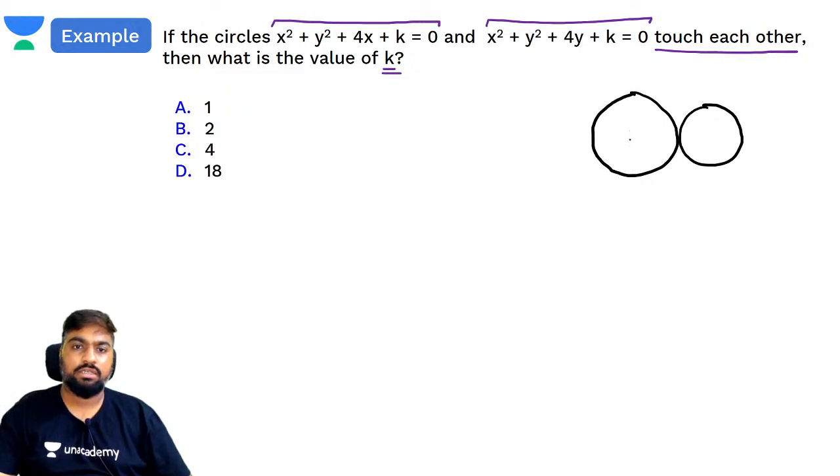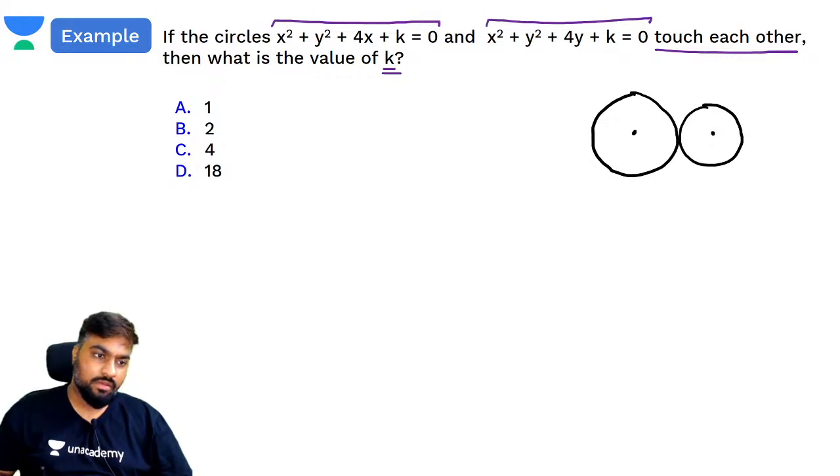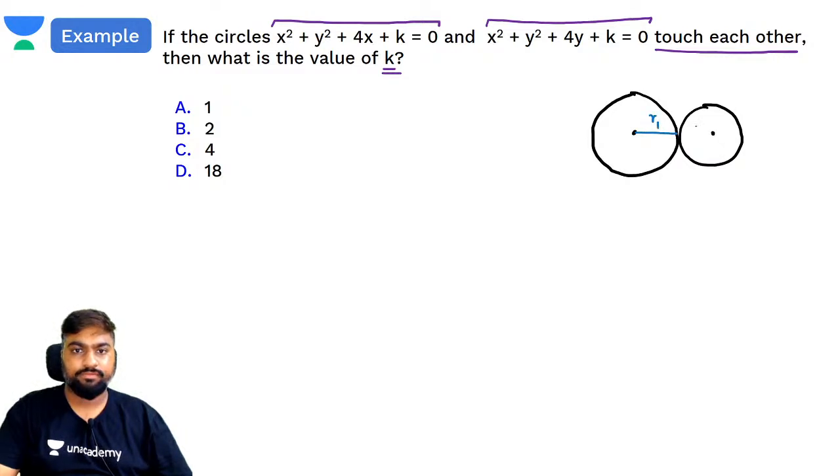These are the two circles, these are their centers. This is the radius of the first circle, let's call it r1, radius of the second circle r2. Let's call the centers o1 and o2.